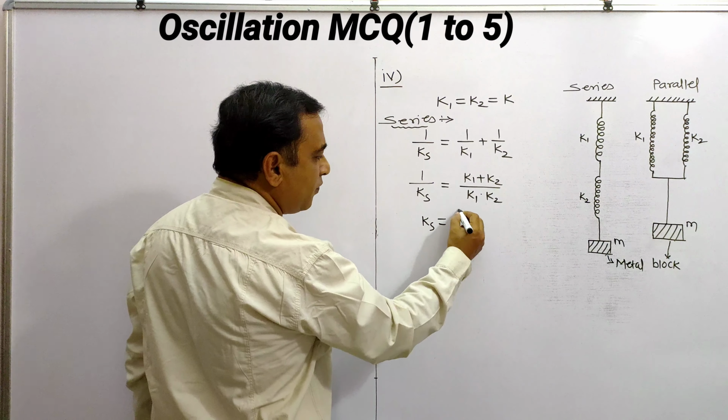What about the parallel? In case of parallel combination, it is very simple. Kp is given by K1 plus K2, and we know that K1 is equal to K2 is equal to K. That means K plus K is equal to 2 into K, so Kp is equal to 2K.